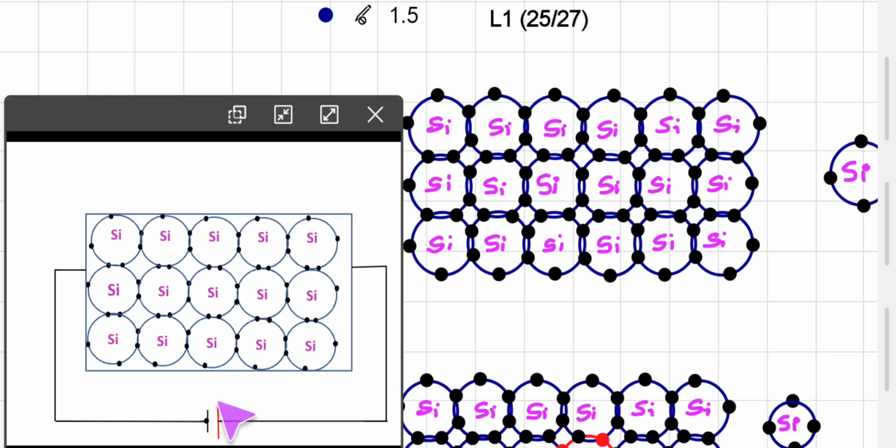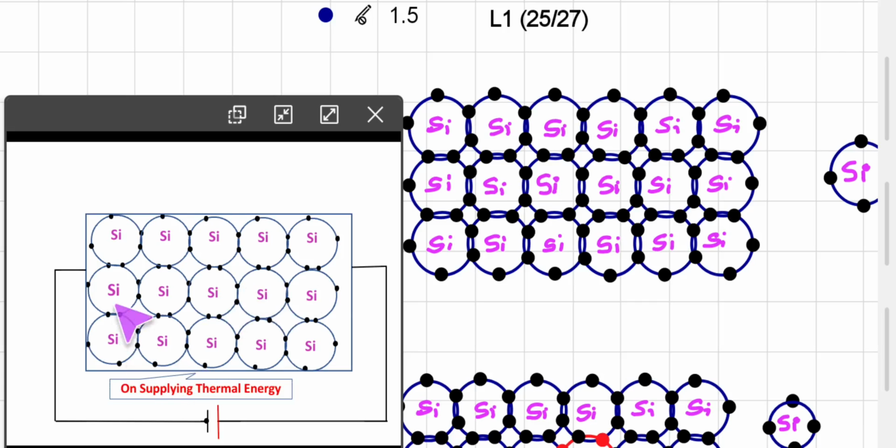Now what will happen if we apply potential to this pure silicon bar? Remember that this is a pure silicon bar. Still we have not doped an impurity to convert it into either p-type or n-type material.